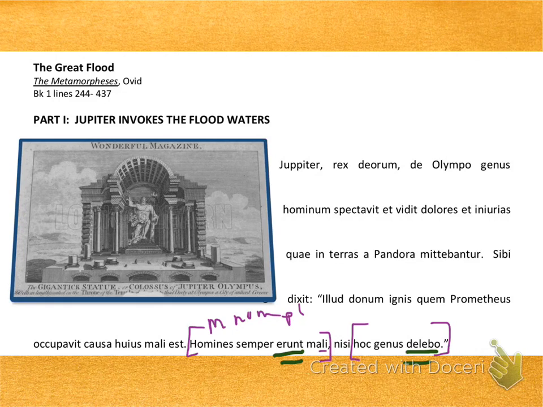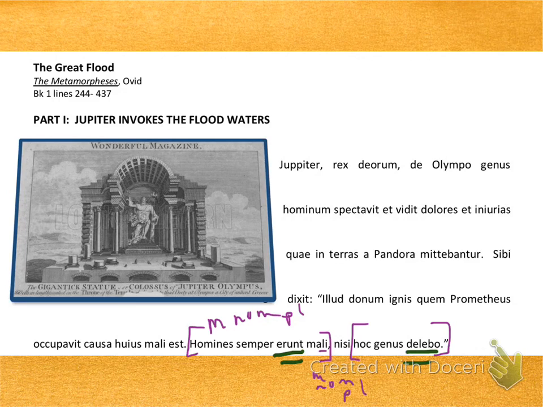And I see that the adjective mali, here being used like an adjective instead of as a noun, is also in the masculine nominative plural form. So it must describe the homines, and I would use it after the verb erunt. The adverb semper, meaning always, you can work into that clause where you think it will make the most sense.